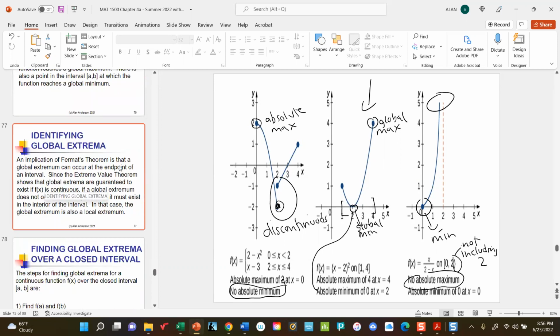Now, how do we find these? We've already seen one technique for finding local minima and maxima, and it involved the first derivative, setting it equal to 0. What are we doing here, though?